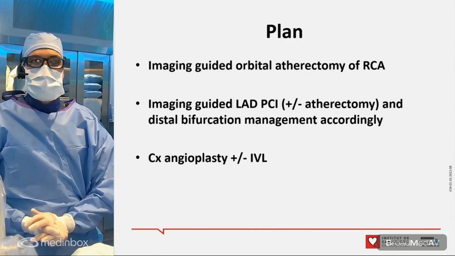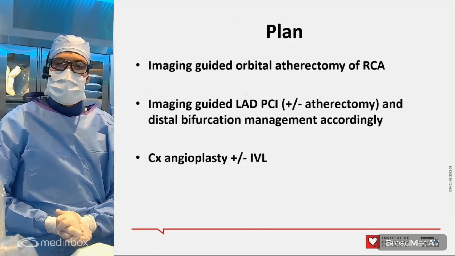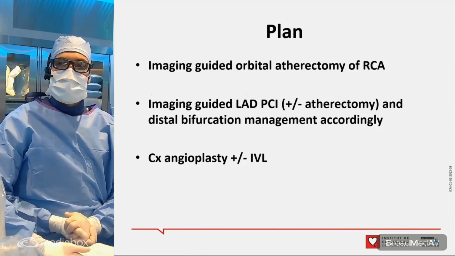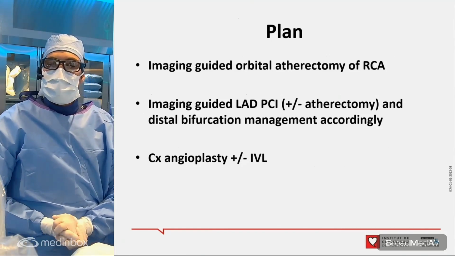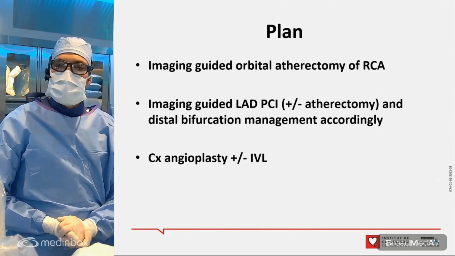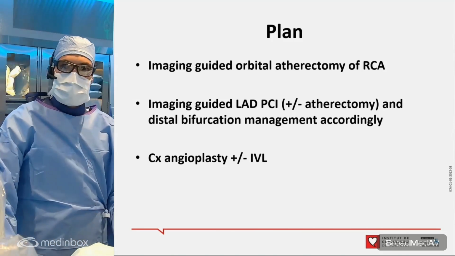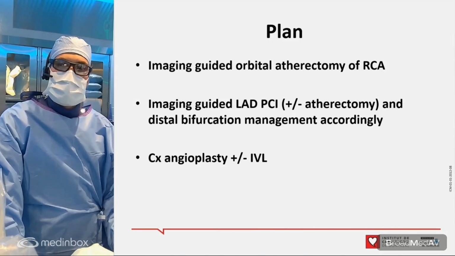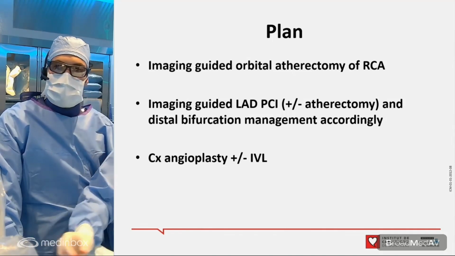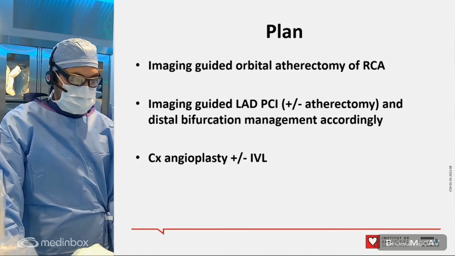So the plan for today is an imaging-guided orbital atherectomy of the RCA, which we just have finished just now, and then to do an imaging-guided LAD PCI and distal bifurcation management accordingly to the imaging, and as well to do the angioplasty of the circumflex, more or less with atherectomy or intravascular lithotripsy.